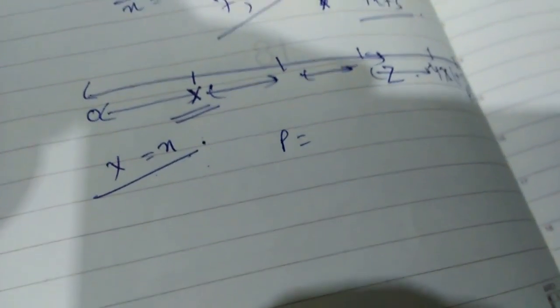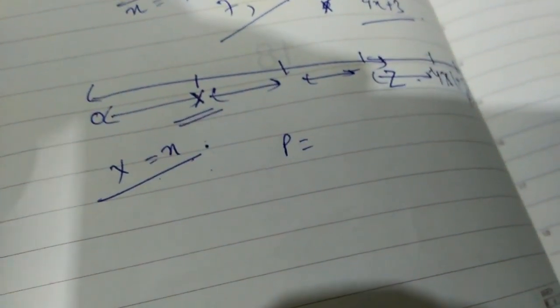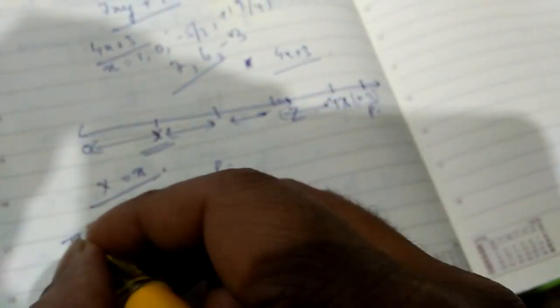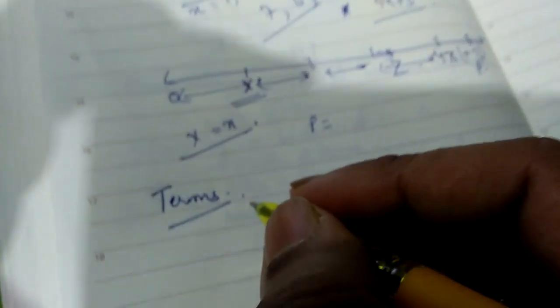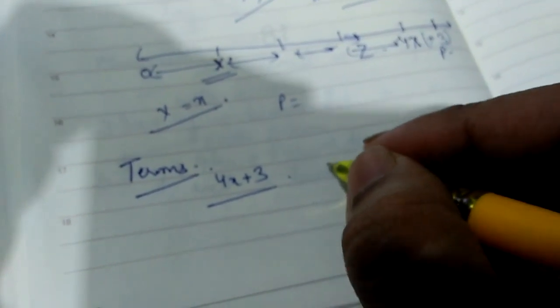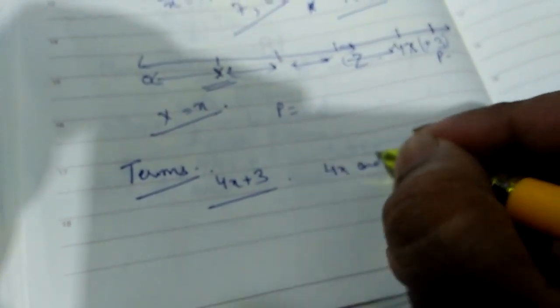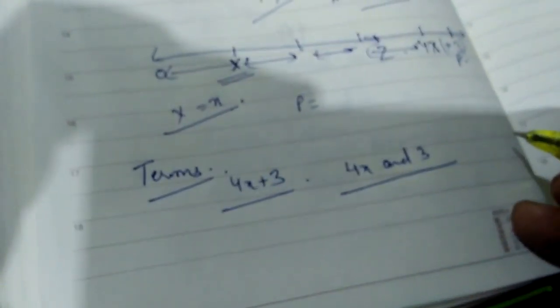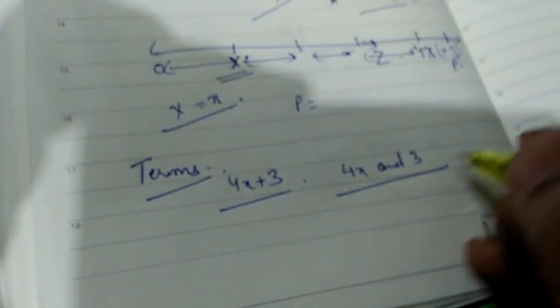Now we will discuss the terms, factors and coefficients of an algebraic expression. Let us first discuss terms. Let us take this expression 4x plus 3. This is made up of two terms, 4x and 3. These are the two terms of this expression.